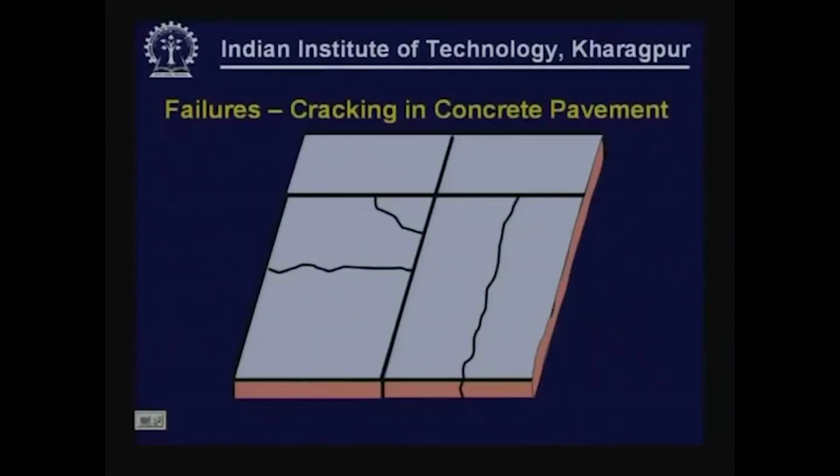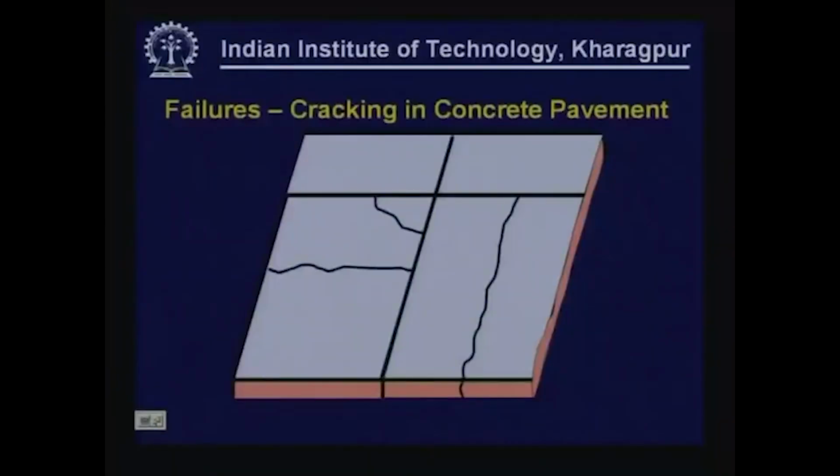Concrete pavements fail in different modes. This being a bound material, cement concrete, obviously cracking is the main mode of failure. Cracks can occur in different regions, in different directions, different locations of the slab. This can occur because of various reasons: load related, temperature related, cracking that is brought about by variation in change in volume of either the slab or the other layers in the pavement system, base or subgrade or foundation.